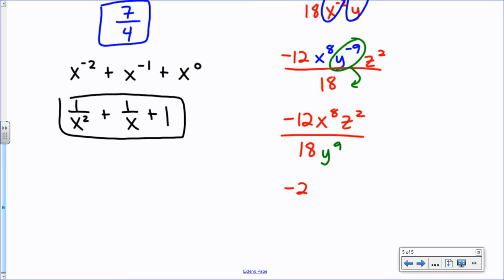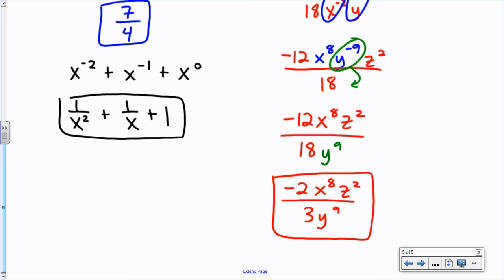So negative 2 over 3. And that's set. Hold on, don't back up yet. So when I have negative numbers, that doesn't mean I move them. Okay, negative numbers are just regular negative numbers. Negative exponents are the ones that move. Okay, that's it.